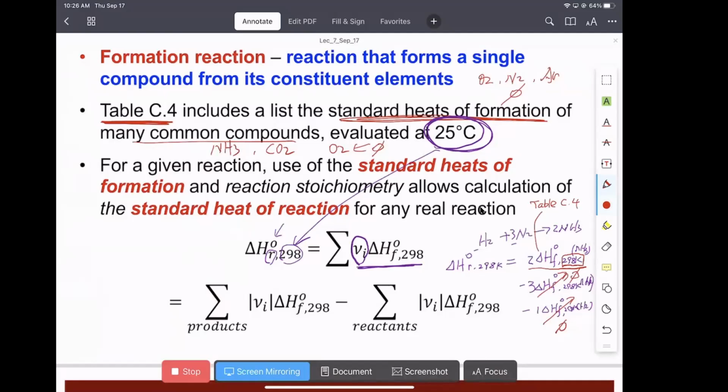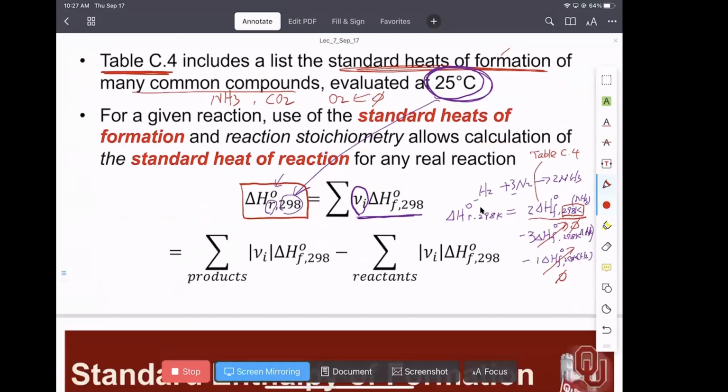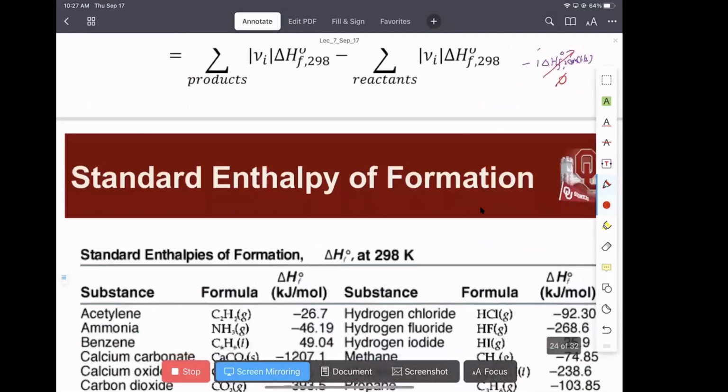So that is the most convenient way to figure out what the needed heat would be in order to drive the reaction. And that is related to the exothermic or endothermic processes we discussed in a previous slide. So here is just a list of the table.